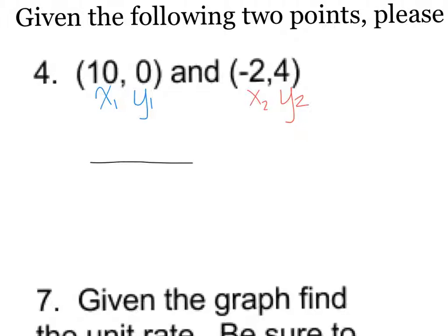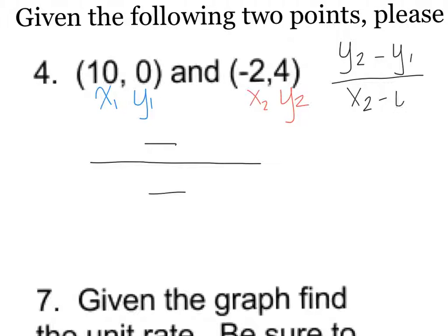Go ahead and write down your fraction bar and your subtraction signs, because you know it's going to be y2 minus y1 over x2 minus x1. This is the formula that we're going to use and plug in every single time.